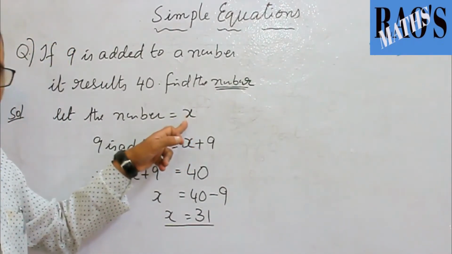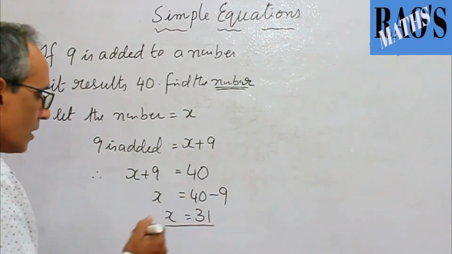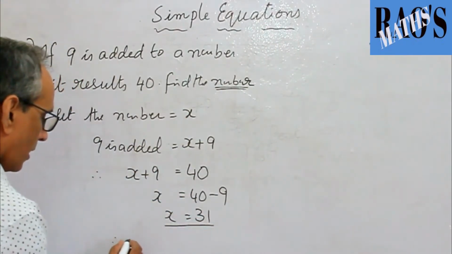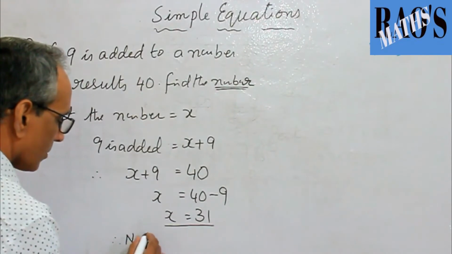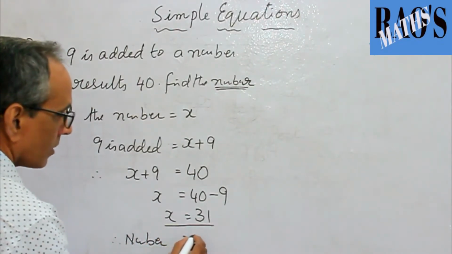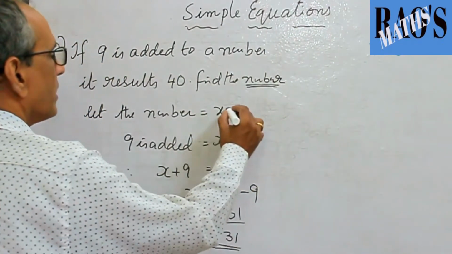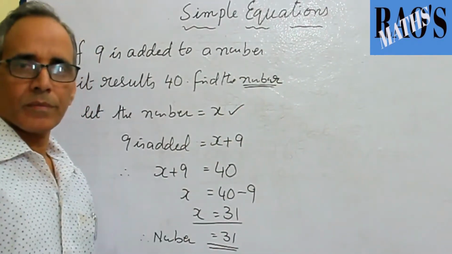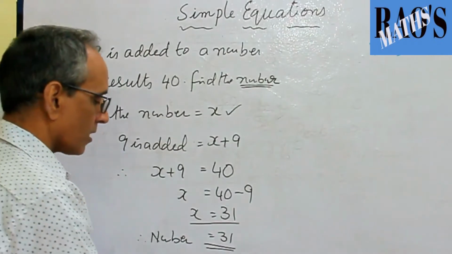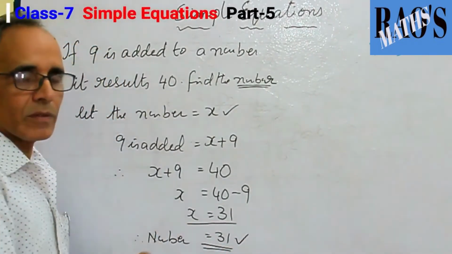So again decode what x meant for. Therefore, the number is equal to 31. So the beginning should be the declaration of variable of your choice, and the end part of the question, what is this x meant for.